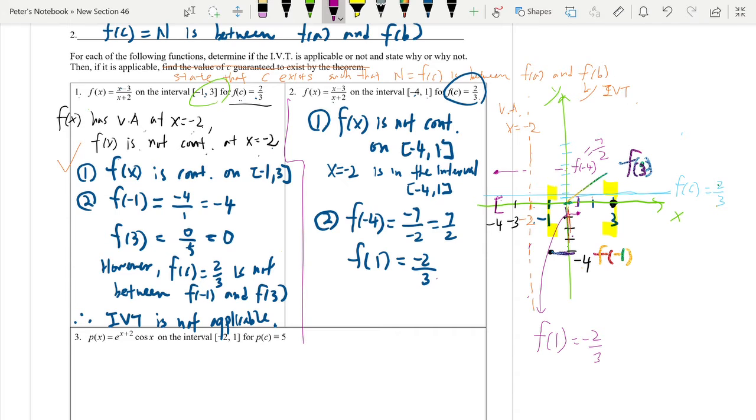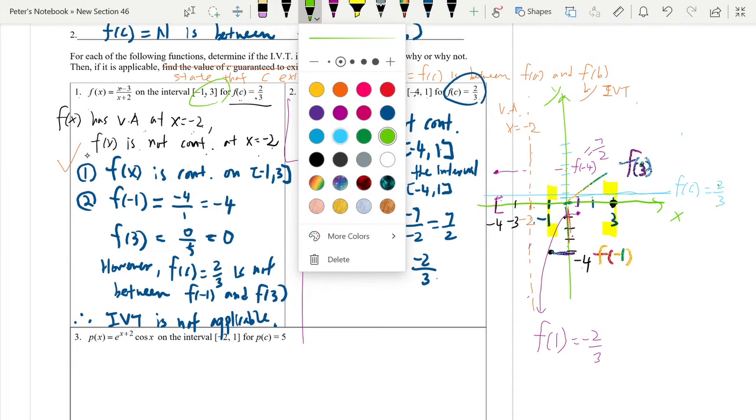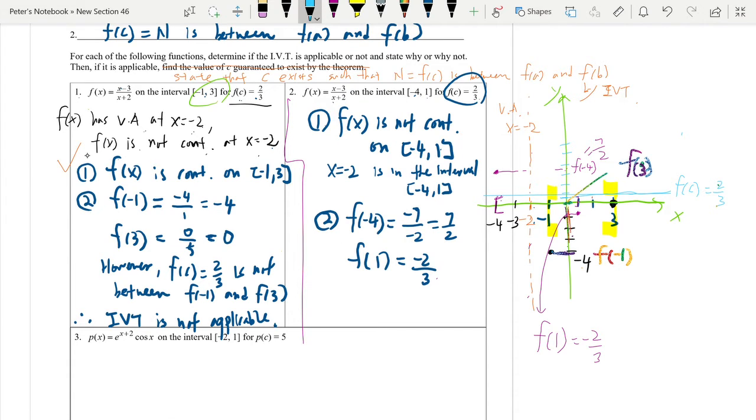All right, and we want to see if our f of c, remember that line that I drew, which I failed miserably, but recovered. So that f of c is equal to 2/3.